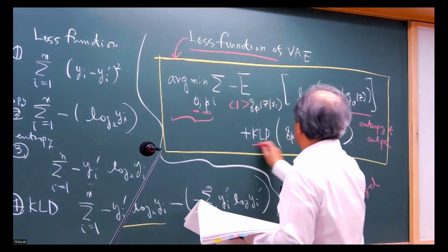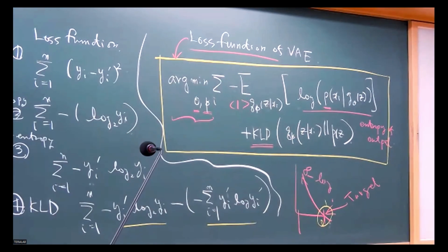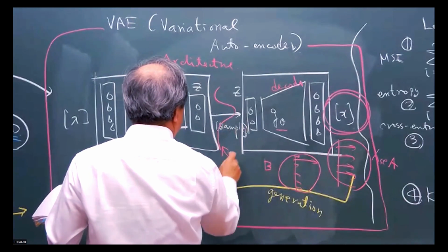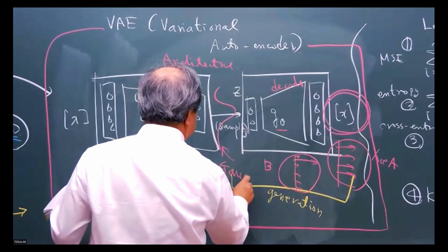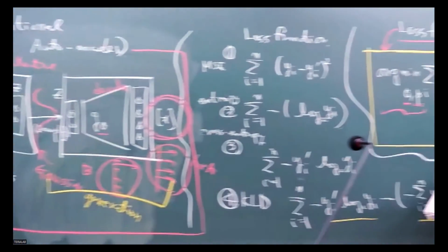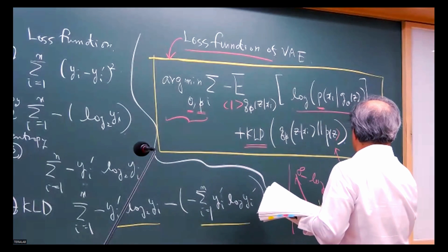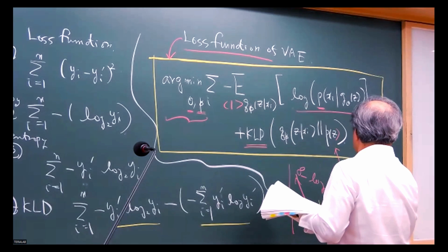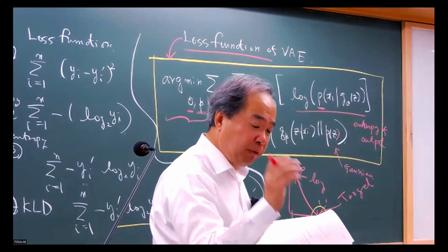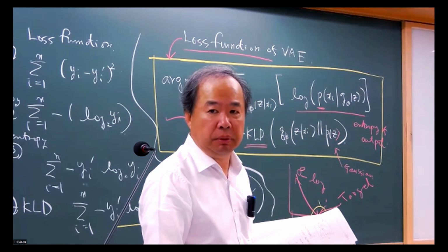The second term is KL divergence. This z has a certain distribution function. Usually we are assuming Gaussian. This latent space distribution is a Gaussian. I'm not going to prove it, but usually, if your distribution is Gaussian, entropy is minimal.